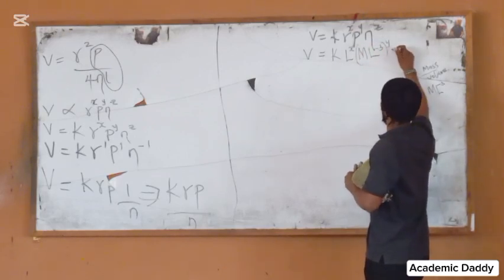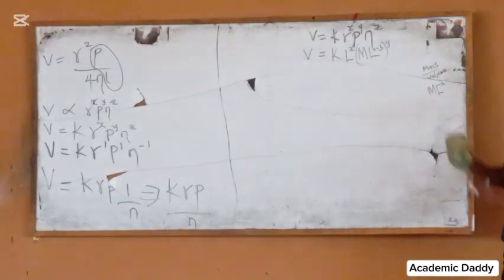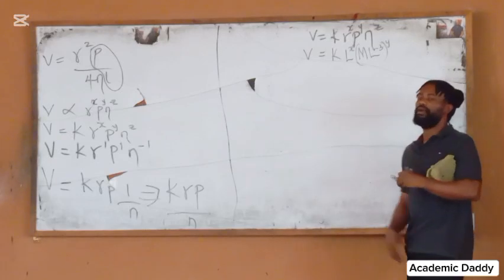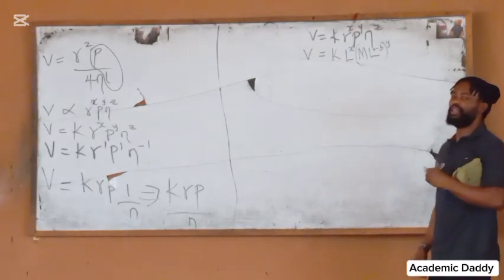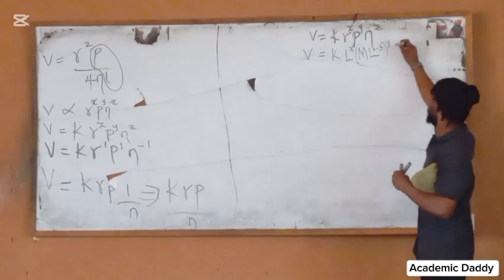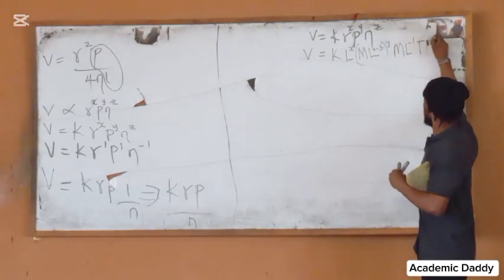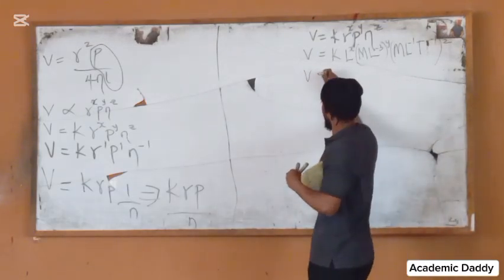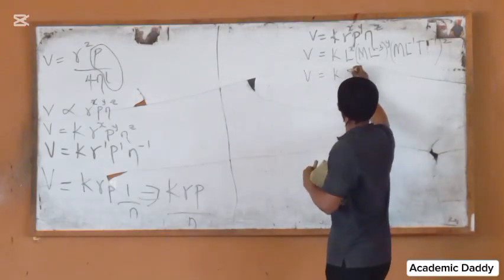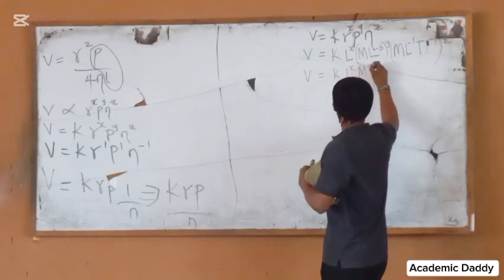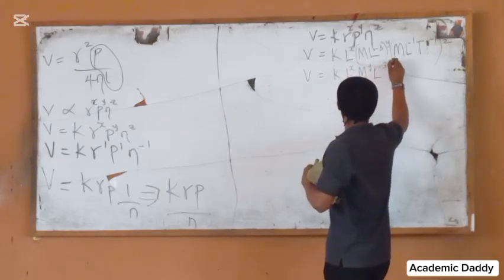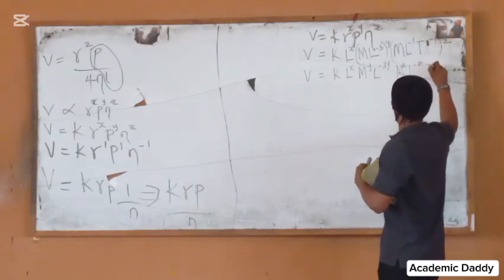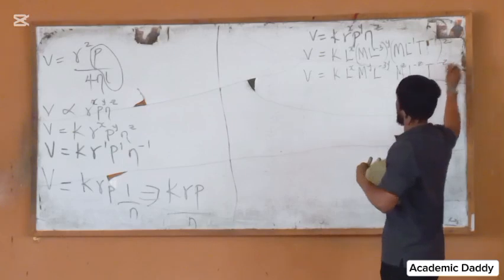Then viscosity. We've solved for viscosity, so we don't start solving it again. Give me what we got as the dimension for viscosity. That is when we did the product of pressure and inverse of velocity gradient. M L minus 1 T minus 1, all raised to power z. So you see that you have K, L raised to power x, M raised to power y, L raised to power minus 3y, M raised to power z, L raised to power minus z, T raised to power minus z.